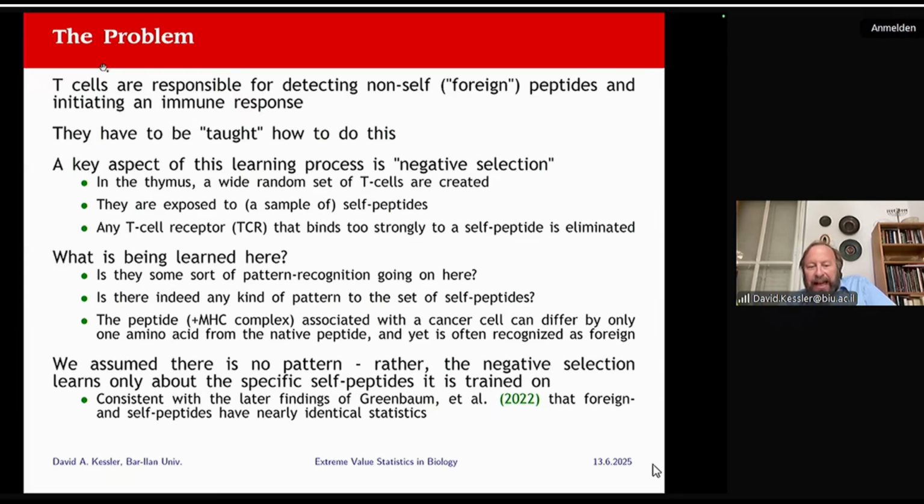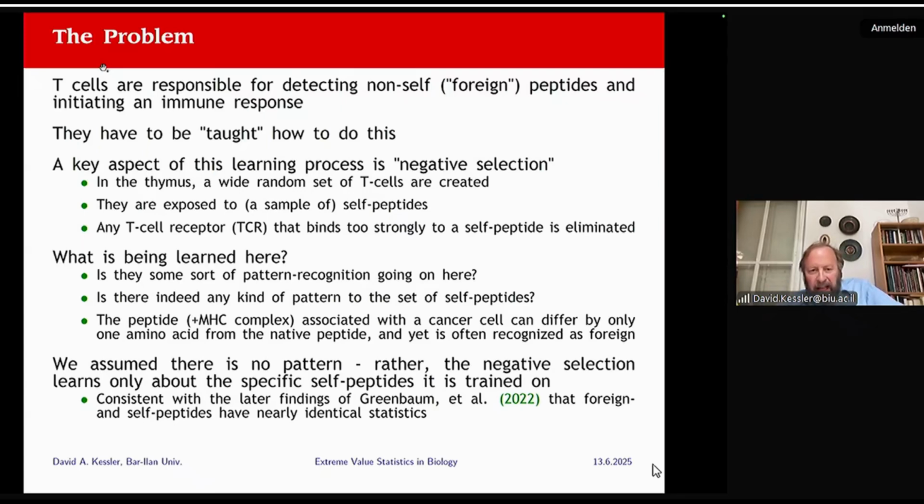Any T cell receptor, the part of the T cell that actually binds to things, if it binds too strongly to a self-peptide, is a dangerous T cell, and we want to get rid of it. So the T cells that survive selection, in other words, that don't attack the body too strongly, are the ones that the body multiplies and then sends out to do the work.